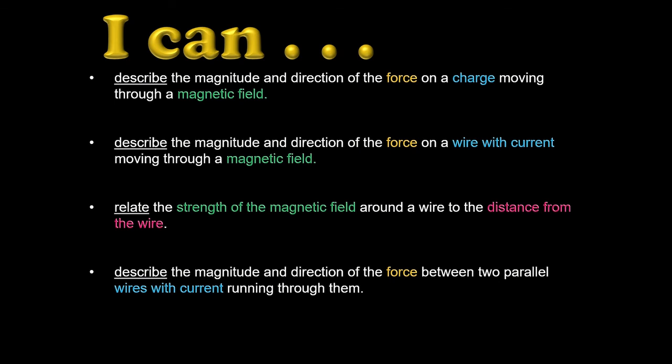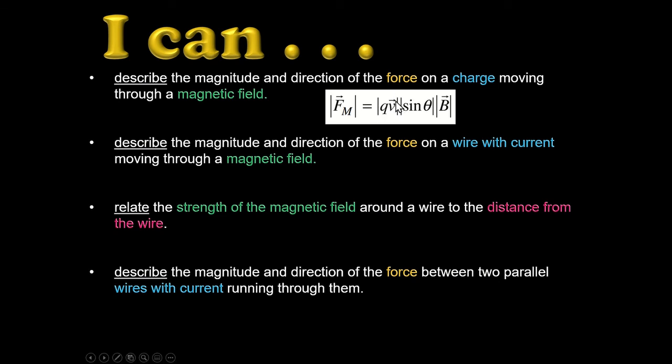So our I can statements. I can describe the magnitude and direction of a force on a charge moving through a magnetic field. This is like single charges or point charges. If we knew the magnitude of the charge, the velocity, the strength of the field, and the angle, I can calculate the magnetic force.